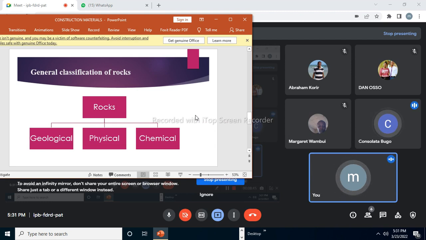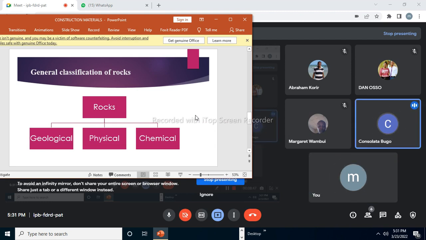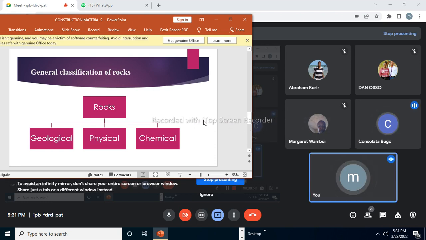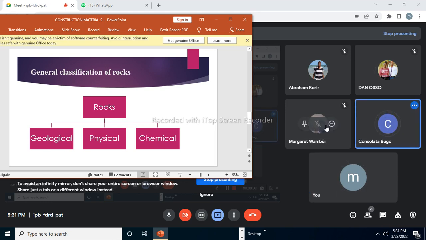What are the general classifications of rocks? Consolata: The classifications of rocks are geological, physical, and chemical.